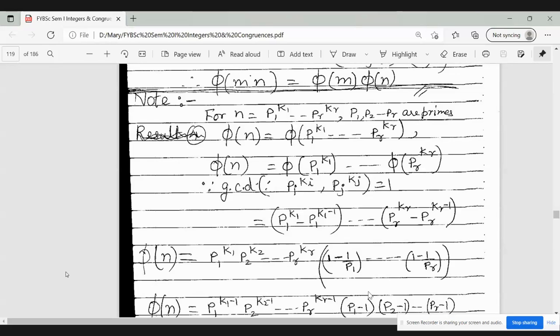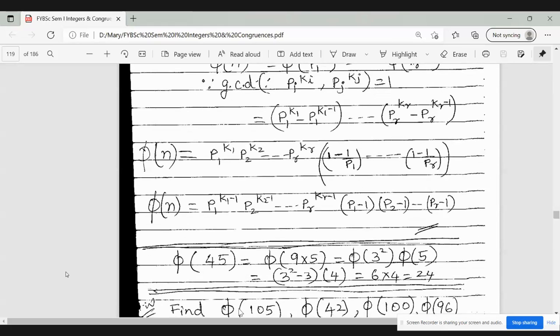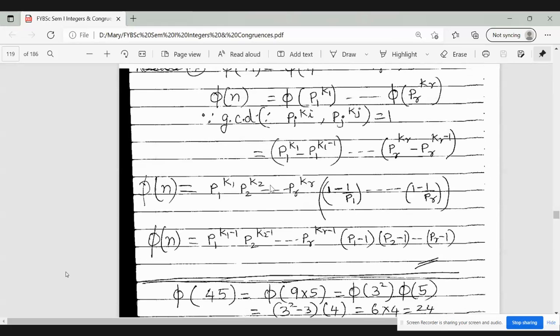So when you take LCM, you get p1 minus 1 into p2 minus 1 up to pr minus 1, and in the denominator p1, p2, pr. The 1 will get cancelled, and so here you're getting the power p1 raised to k1 minus 1, and so on. So these are the formulas.